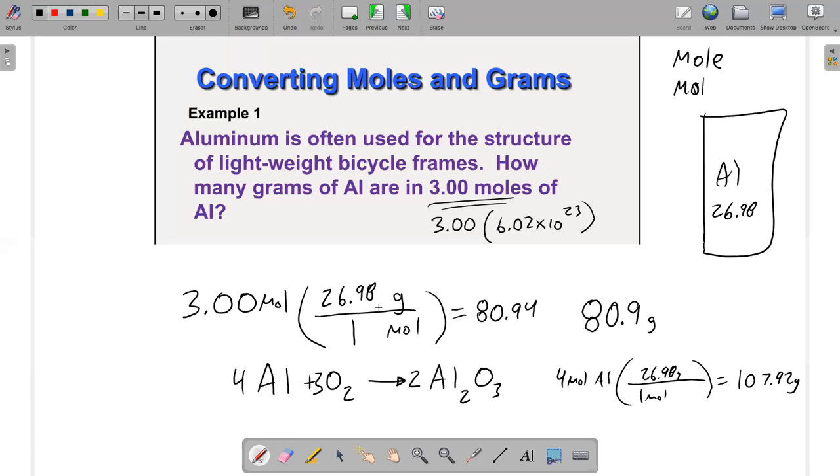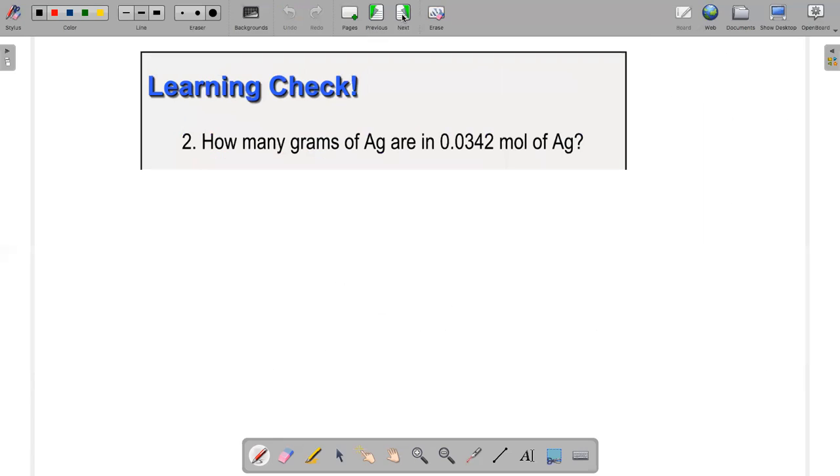If you want to go, let's see, I guess the next one is, yeah, you've got 0.0342 mole of silver, and you're trying to convert that into a mass. So how many grams?